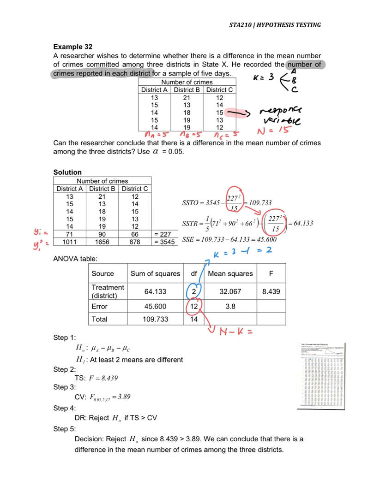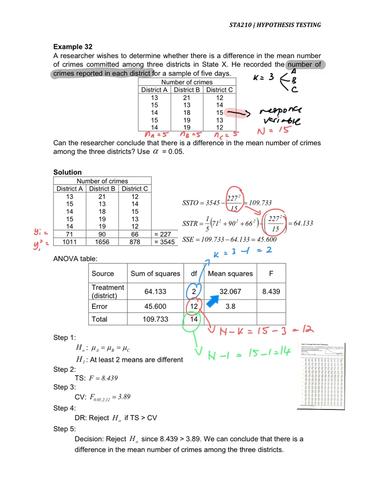Our capital N is 15, minus 3, we get 12. The last one is the degree of freedom for total, which is capital N minus 1. That's why we get 15 minus 1, equivalent to 14. Or you can just add up 2 plus 12 and you will get 14.